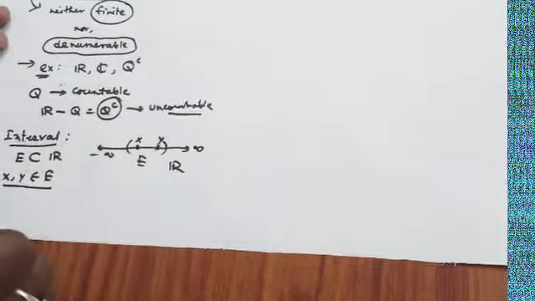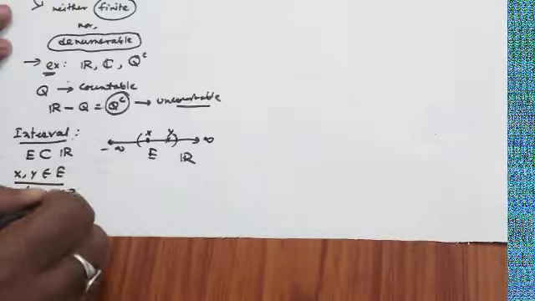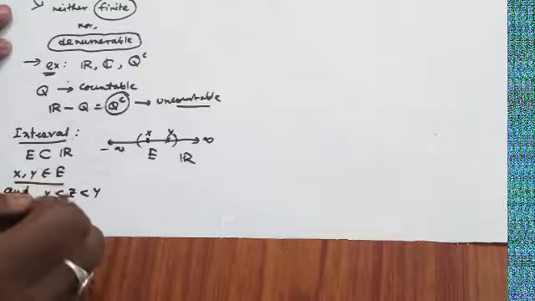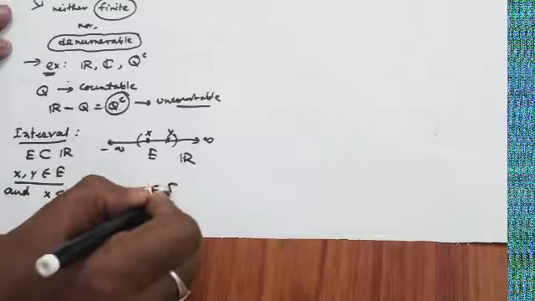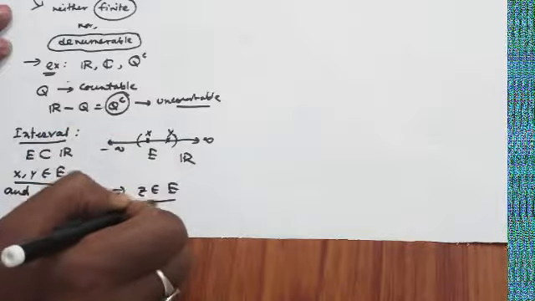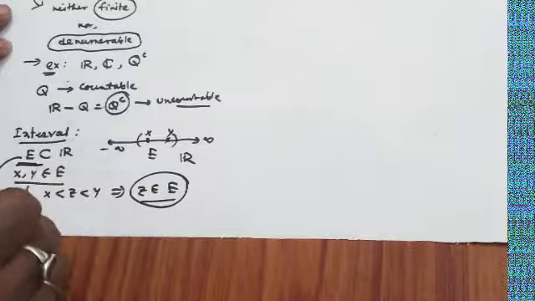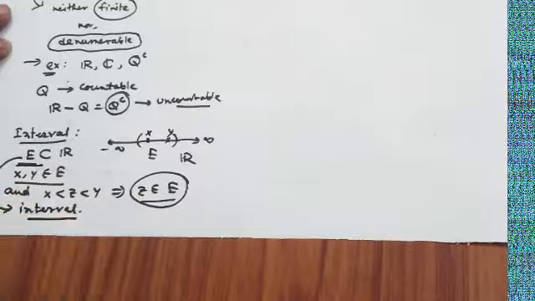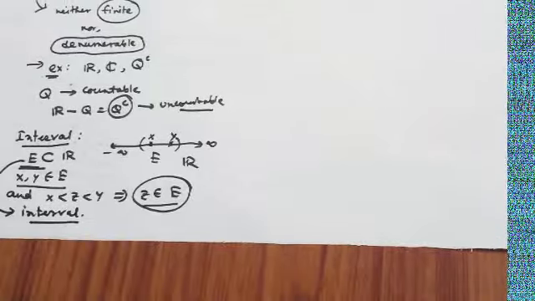You have taken x, y belongs to E, and suppose x less than z less than y. These two are your hypothesis. That immediately implies z belongs to E, that is, in between there is some z and that z belongs to E, then we say our E is nothing but an interval.